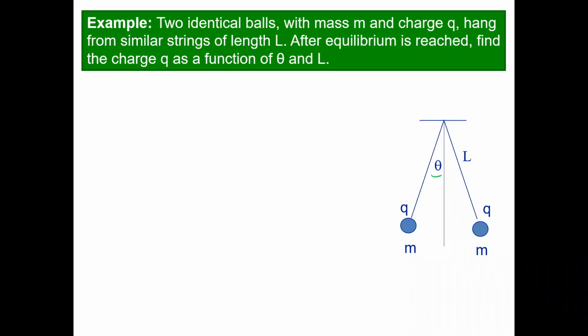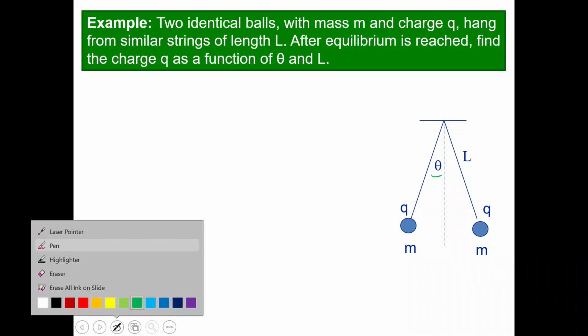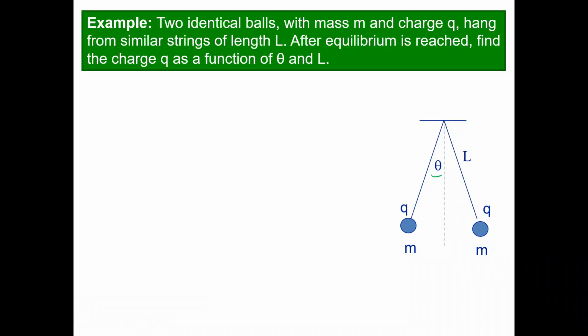So what I want to do is, I know that this is an equilibrium, so I need to consider forces. Anytime I solved a problem in mechanics involving forces, I always drew a free body diagram. So I'm going to focus on this ball right here. There is going to be a gravitational force pulling down, and there's going to be a tension going along the string.